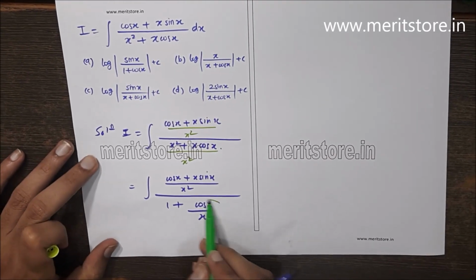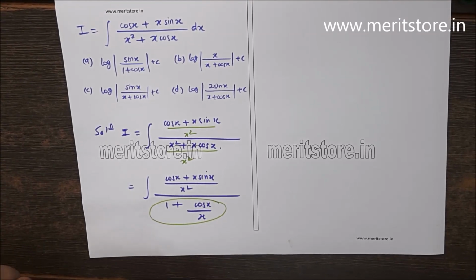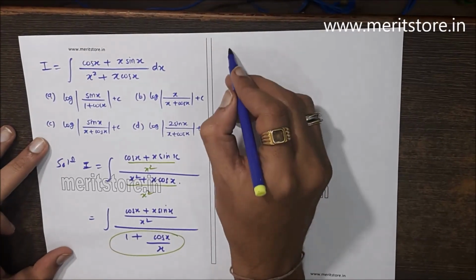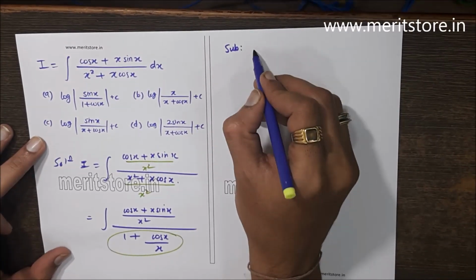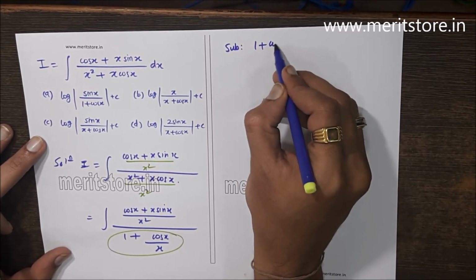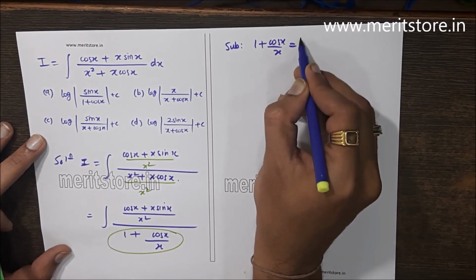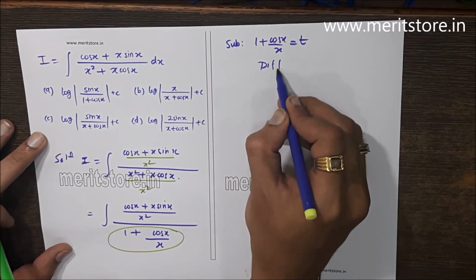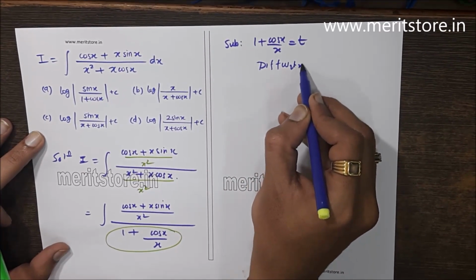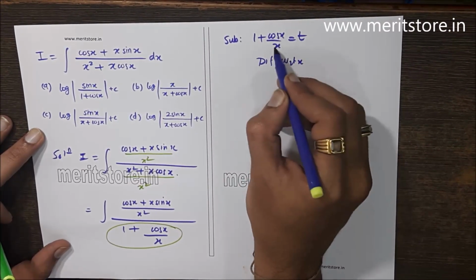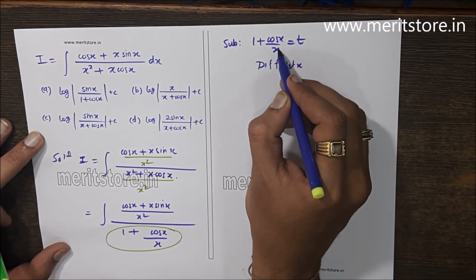Now we'll substitute the denominator equal to t. Substitute 1 plus cos x upon x equal to t. Differentiate with respect to x. In this part, we'll be applying the formula of u upon v.